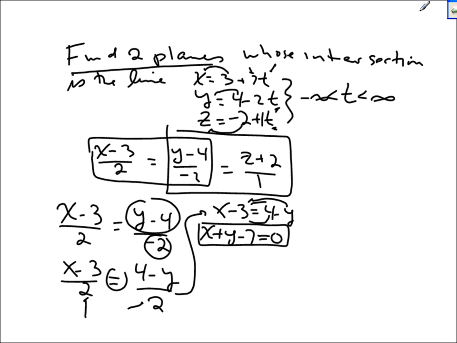Z can be anything. So basically, in 2 dimensions, we know it crosses at negative 7, and the slope is negative 1. So it looks like this is the line. Now imagine this line coming out of the board. Don't change the angle, just bring it out of the board.